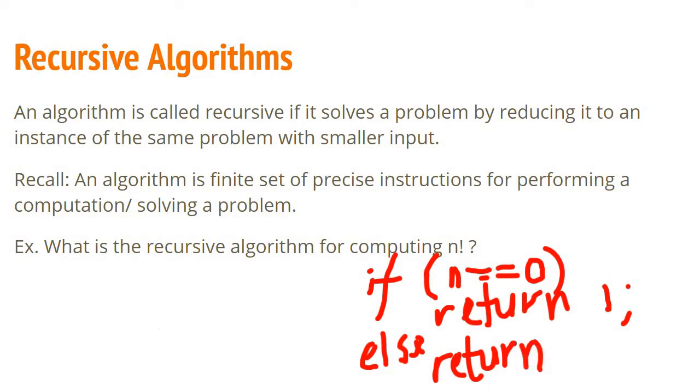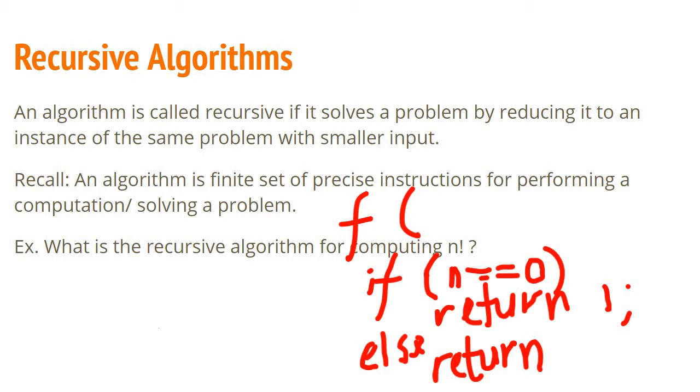So if this is my function f, and this function f is the factorial, so I'm going to accept an input value. So I'm going to return the f of what?